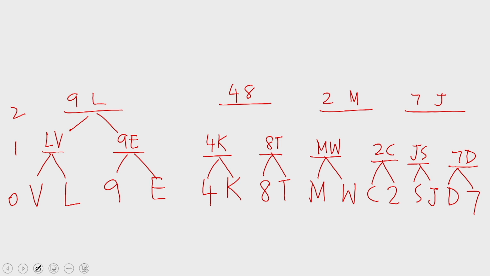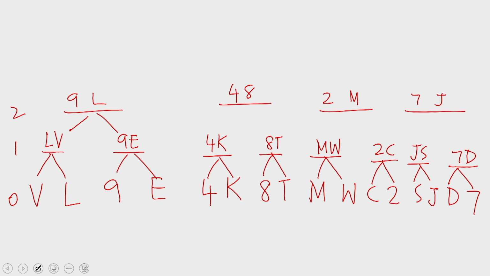But then their children, that is the nodes which are at level 1, will pick every element as a sample. So, L and V will come as the samples from the leftmost node, and 9 and E will come as the samples from the next node. Now, in the second step of the stage, these will be merged at the parent.